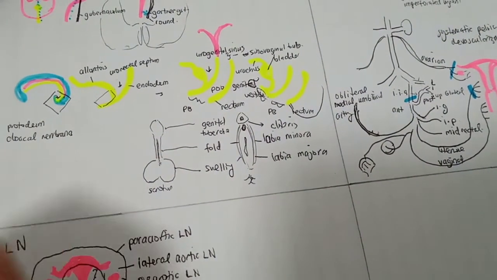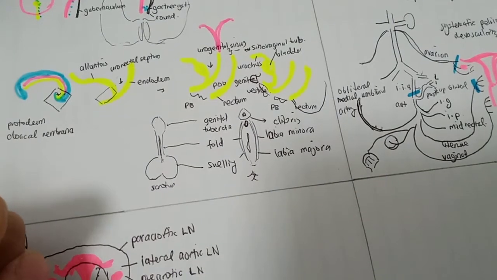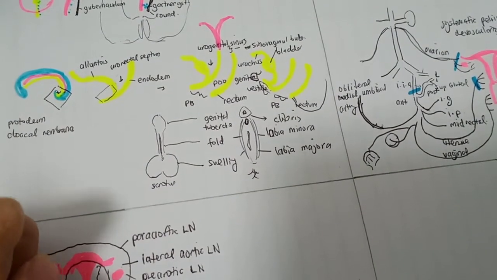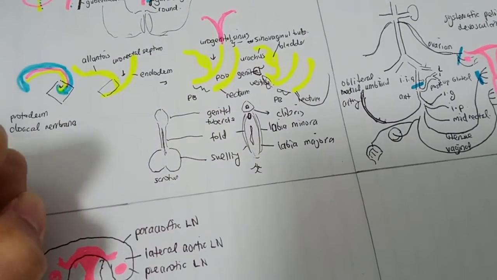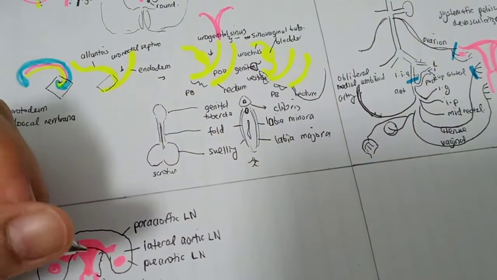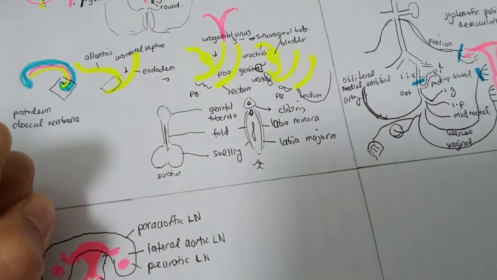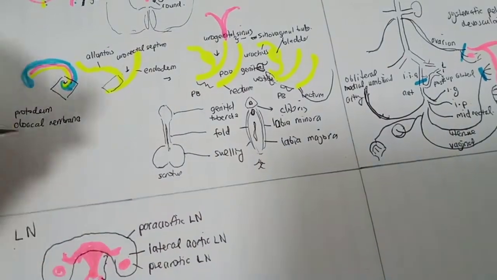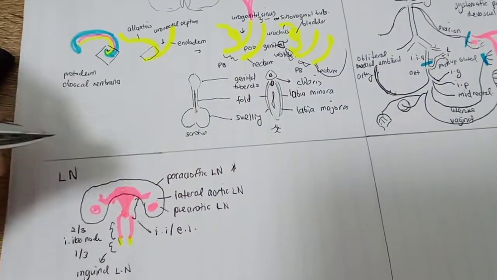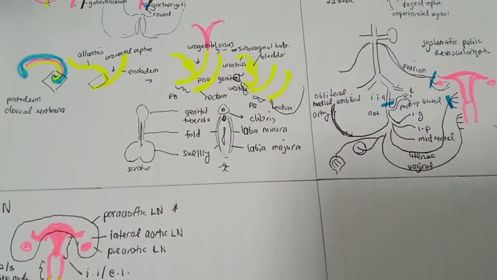The lower 1/3 of the vagina will drain out to the inguinal lymph nodes, and the upper 2/3 of the vagina will go to the internal iliac nodes. The favorite question is usually about the para-aortic and the inguinal nodes, because the distributions are quite clear.